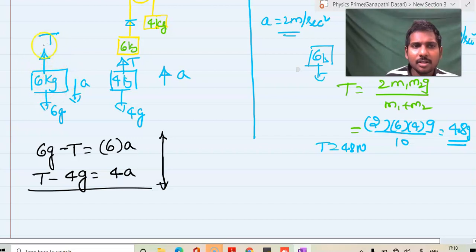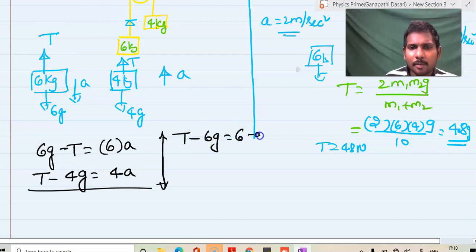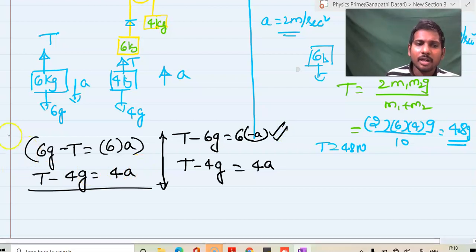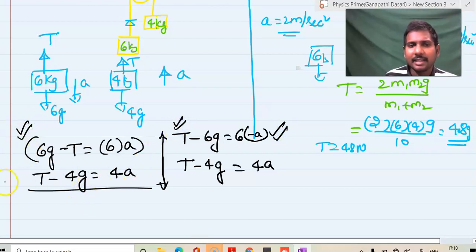So T minus 6g is equal to 6 into minus a, because the acceleration is in the downward direction. Again T minus 4g is equal to 4 into a, which is going in the upward direction. Both are the same. If you multiply this equation with minus, you will get this equation. So you can follow either way and get the answers.